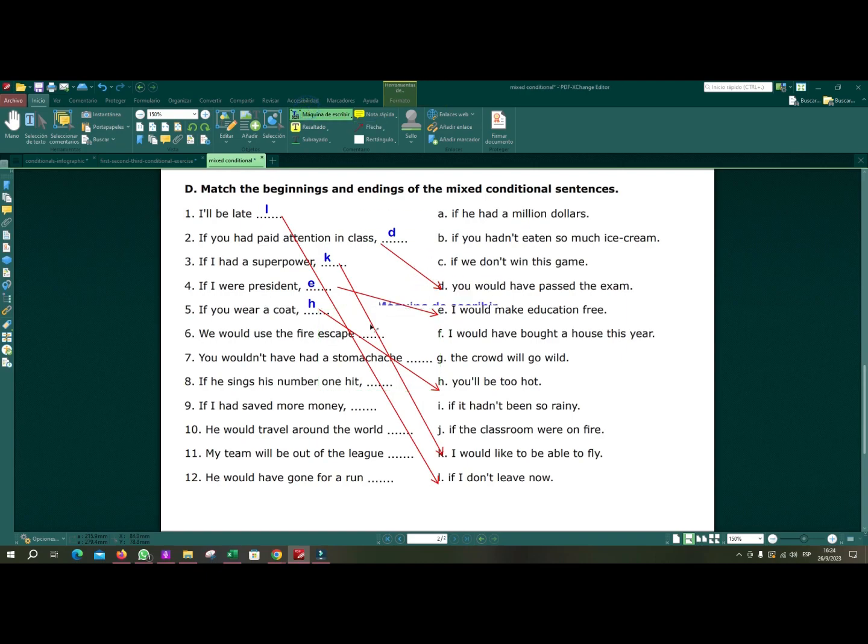Letter H. 6. We will use the fire escape if the classroom were on fire, right? So that would be letter J. Okay, if the classroom were on fire.